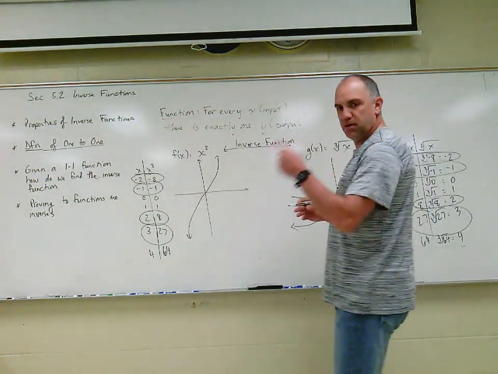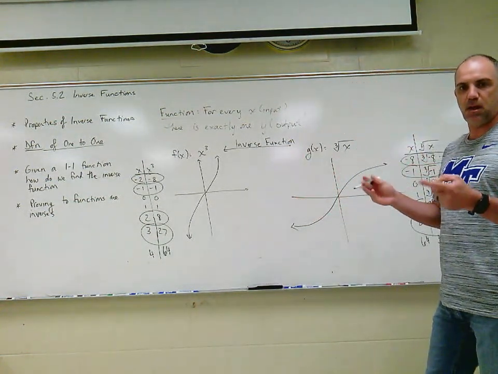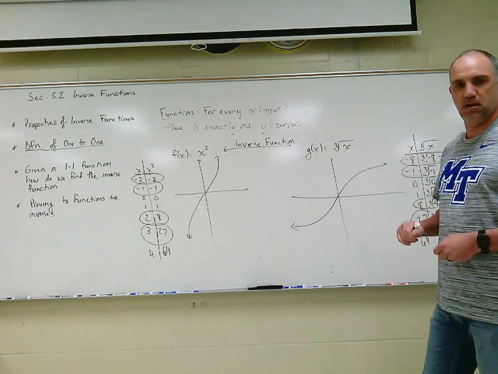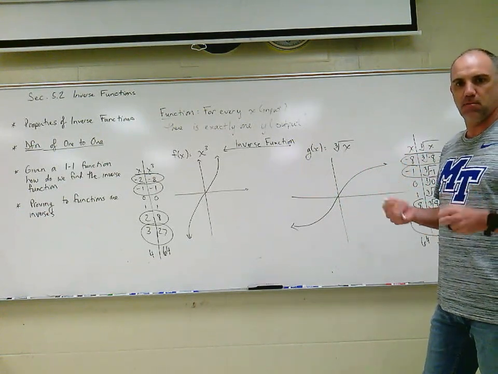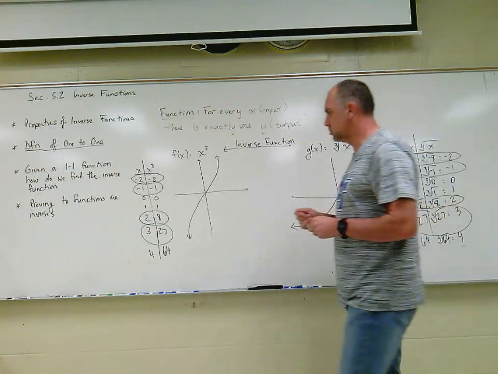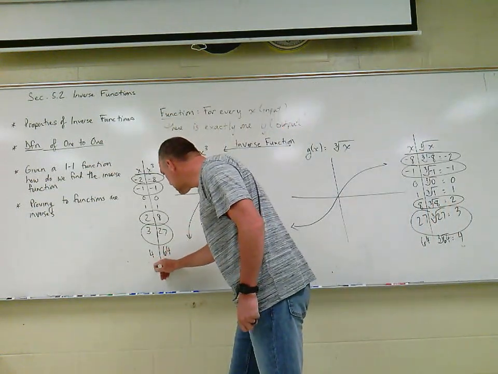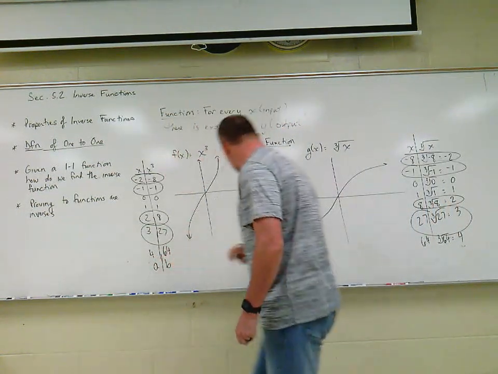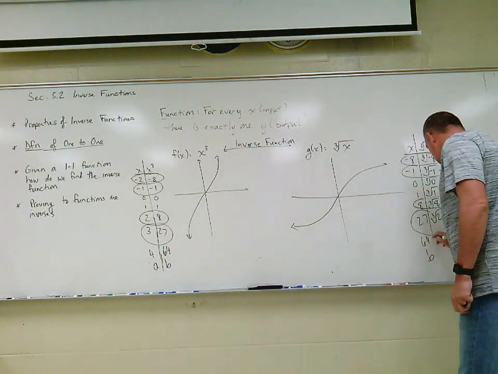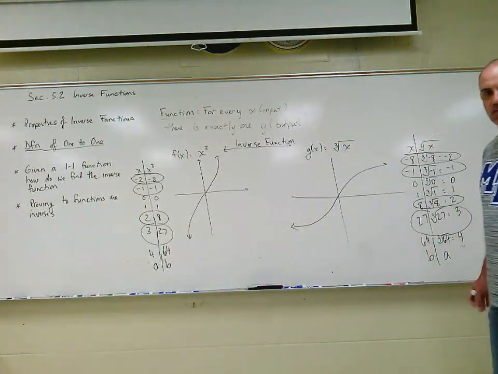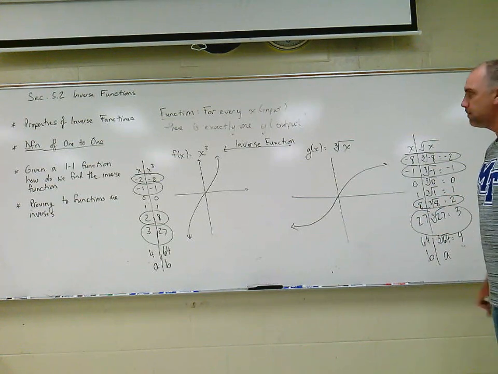So on inverse functions, the inputs and the outputs switch. Okay, that's a key component, a key property of inverse functions. So if (a, b) was a point here, then (b, a) must be a point on the inverse and vice versa. Okay?